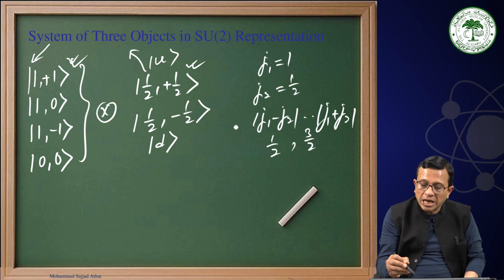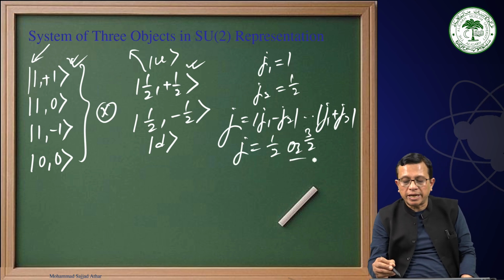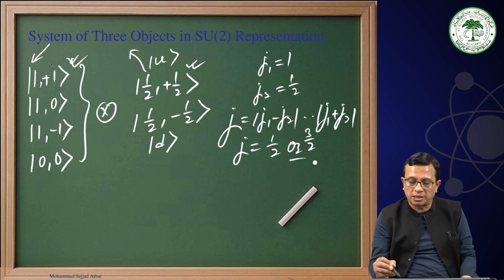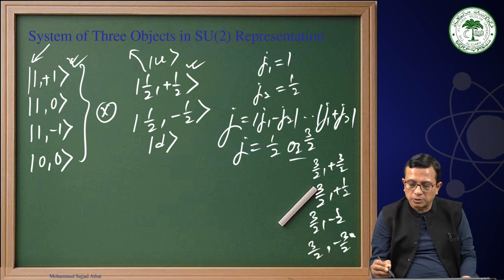Therefore, we have J equal to half or 3 by 2, but 3 by 2 can have 4 possible projections: 3 by 2 plus 3 by 2, 3 by 2 plus half, 3 by 2 minus half, 3 by 2 minus 3 by 2.